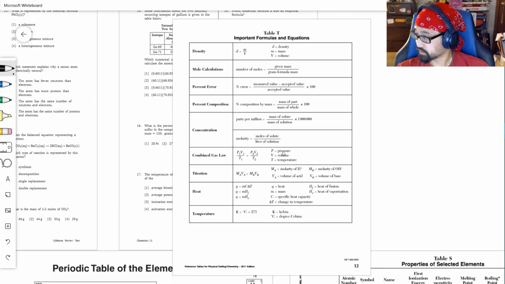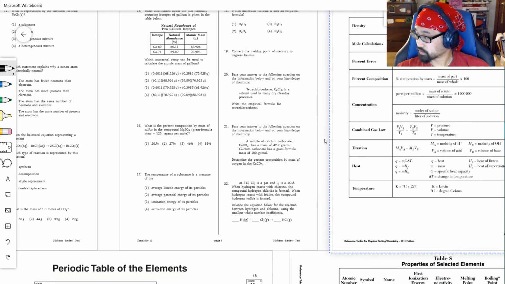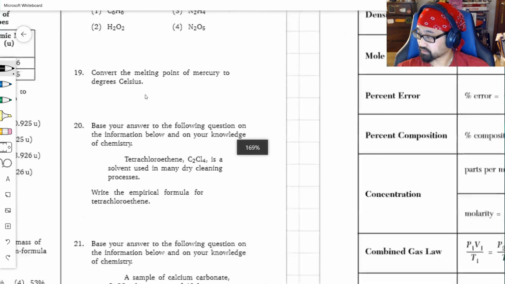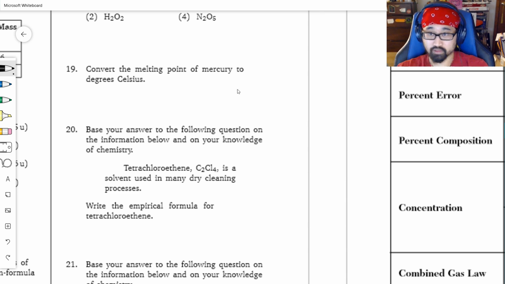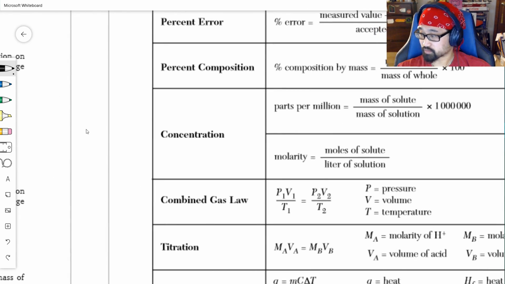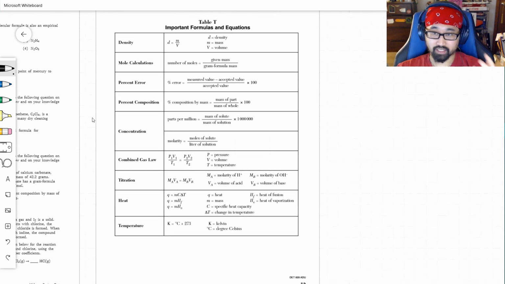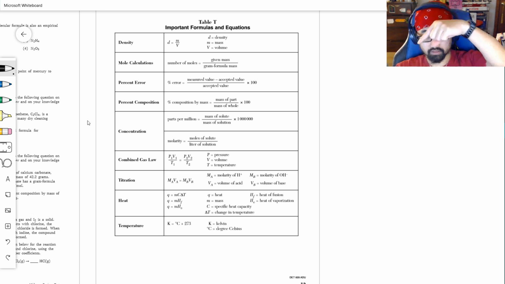So, if I'm looking for a temperature in Celsius, convert the melting point of mercury to degrees Celsius, then according to my reference table, it sounds like a calculation. I haven't asked you to memorize many things. There's one thing that I've asked you to memorize, and it's really just remember how to do it. Most stuff is on the reference table.